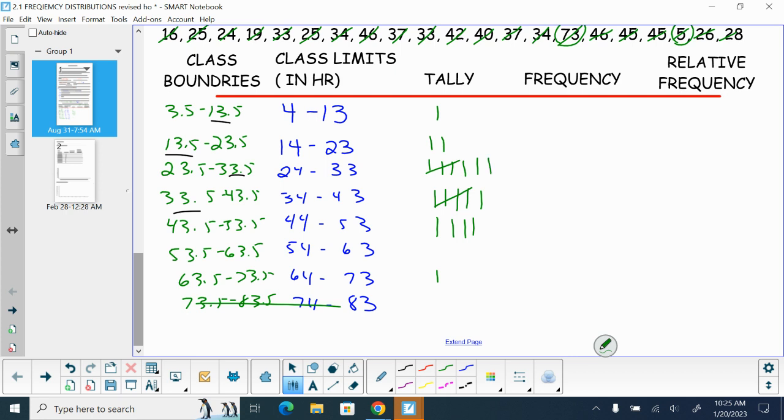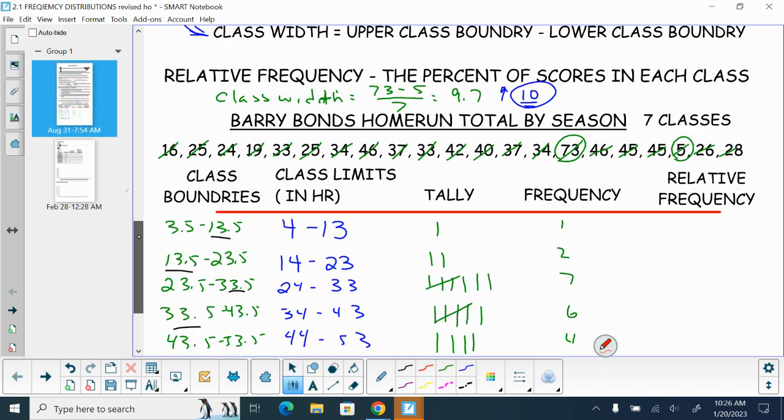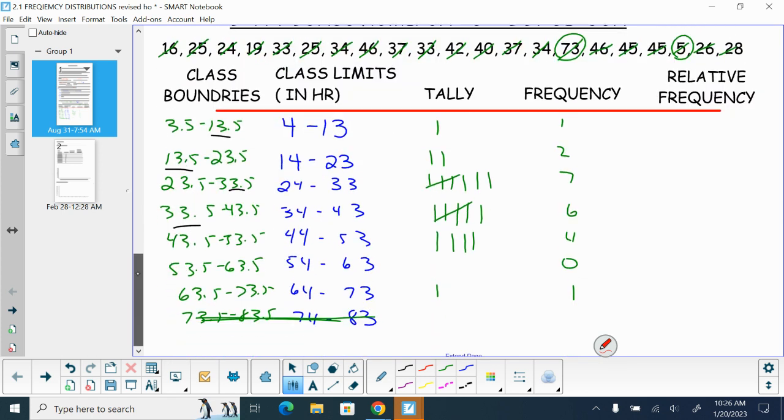And your frequencies, your total number, just count up your tallies. Okay, your relative frequency is the percent of scores in each class.